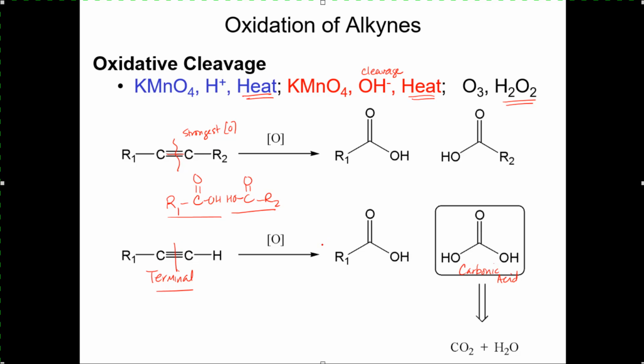And we'll talk more about that in the second semester, because those are what are called qualitative organic tests. They used to be done routinely before the advent of spectroscopy techniques, which we'll talk about in the second semester lab course. So oxidative cleavage just has the wrinkle that we need to use the strongest oxidizing reagent available.